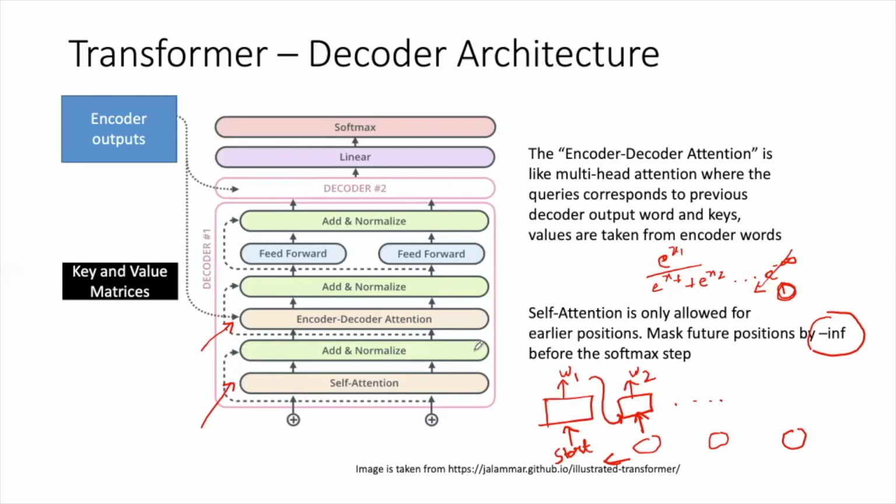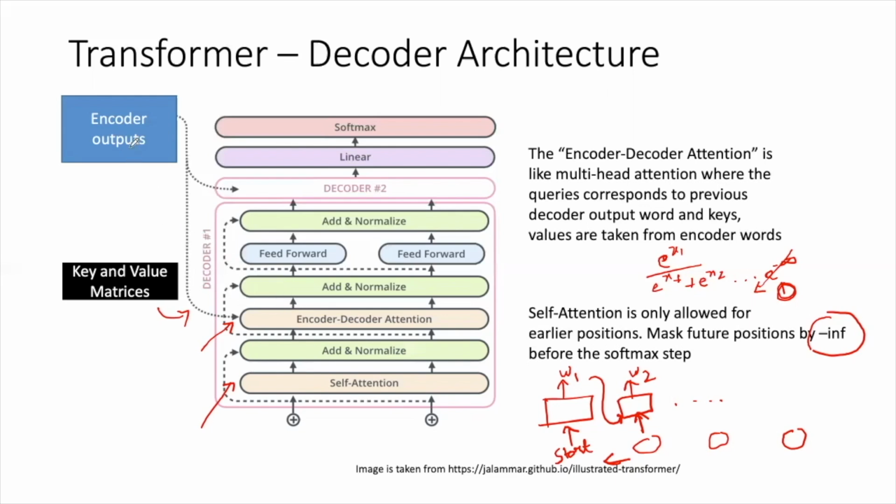Now, apart from this self-attention module, the other important module is encoder-decoder attention. It's similar to the self-attention that we saw earlier, except that the encoder-decoder attention is multi-head attention where the query vectors are with respect to the decoder words, and the key and value vectors come from the encoder.